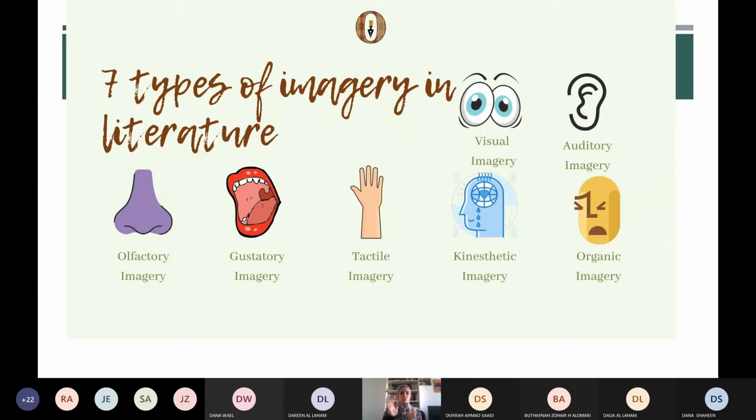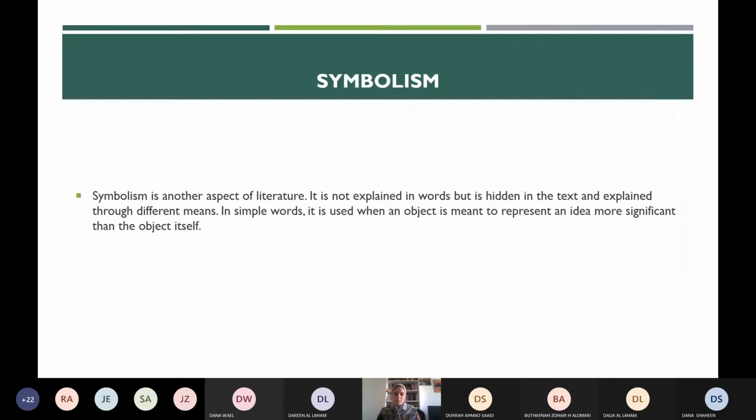And the 7 kinds of imagery, how did he use them in his fiction, novel or non-fiction story, or in a poem? So how did he use them? This is not to tell me what is visual imagery, no, how he used the visual imagery, how he used the organic imagery.